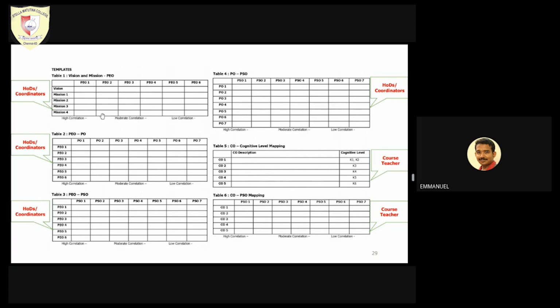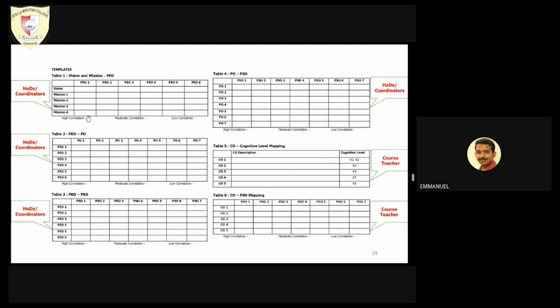there arises a question. What is the question? If the high correlation percentage is higher, the moderate correlation percentage is moderate, and the low correlation percentage is lesser, it won't prompt any questions.